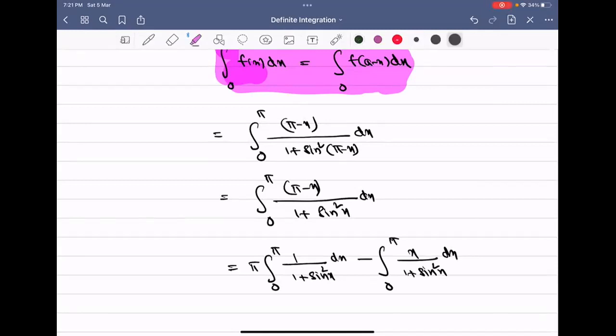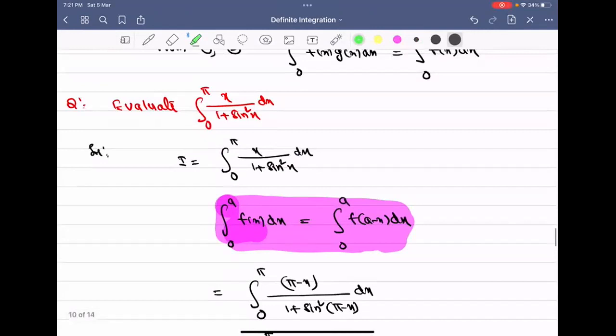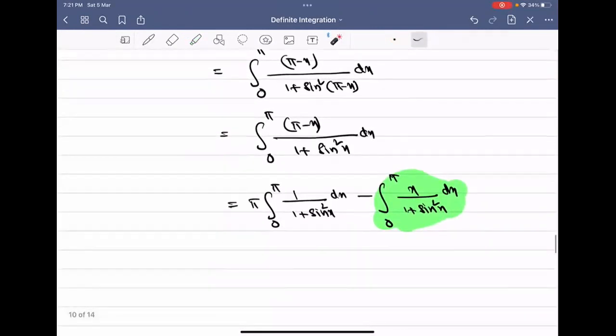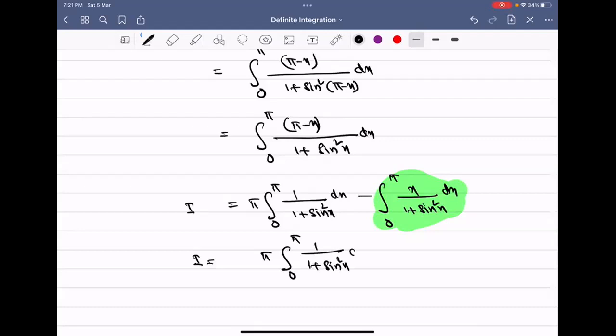Again, this is equal to I only. Therefore integration of 0 to pi x over 1 plus sine square x is nothing but this I only. So I is equal to pi into integration of 0 to pi 1 over 1 plus sine square x dx minus I.